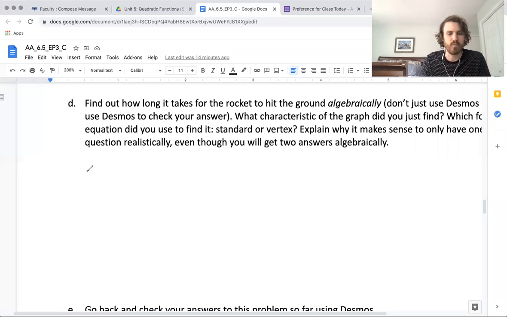So when you've got basically h of t is equal to negative 4.9 times (t minus 7) all squared plus 350, I need to set h of t equal to 0 because I want my height to be 0 when it hits the ground.